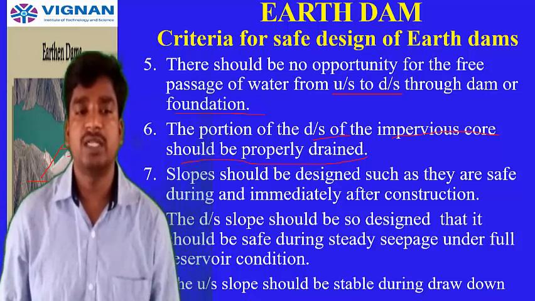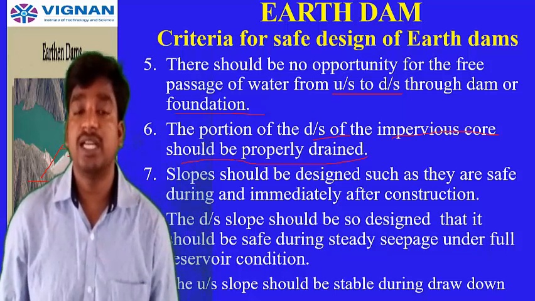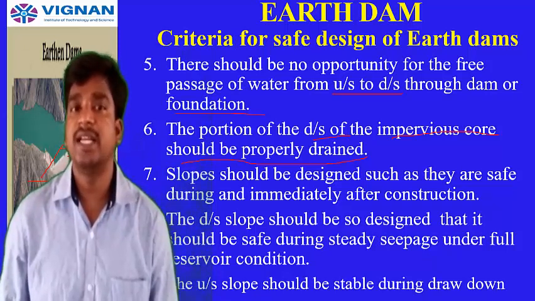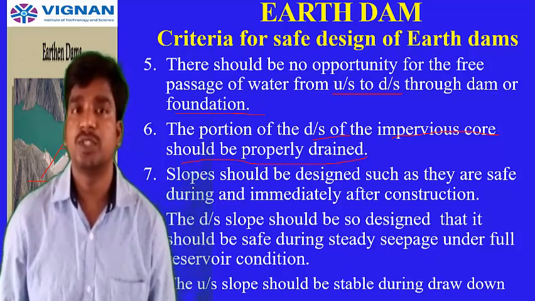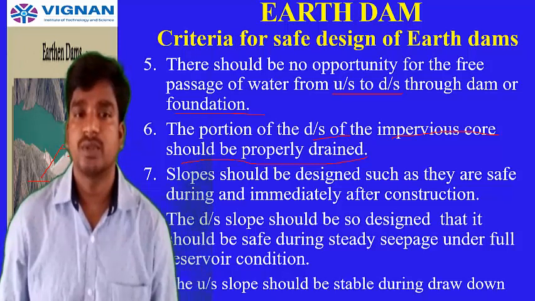So we have to provide some drainage facilities at the downstream too. Pore water pressure may be reduced by providing the downstream side drainage, and also some other benefits are there. And we can avoid the failure of the toe. Toe failure may be avoided by providing the drainage at the downstream toe.